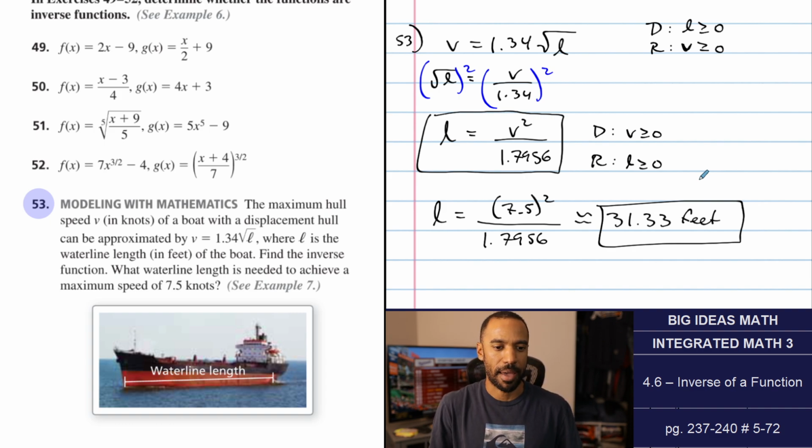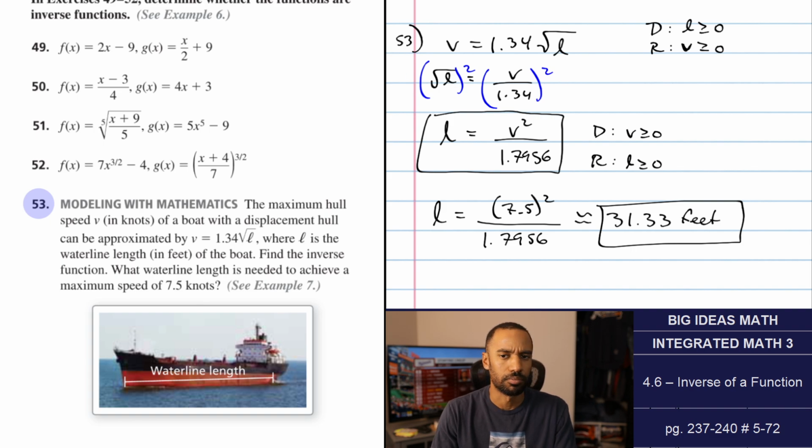Okay, and that can get me my maximum speed there. That's my waterline length. That seems small. I don't know. Even the picture of that boat looks like it's huge in comparison. But anyway, 31.33 feet is my go-to. That is my story, and I'm sticking to it.